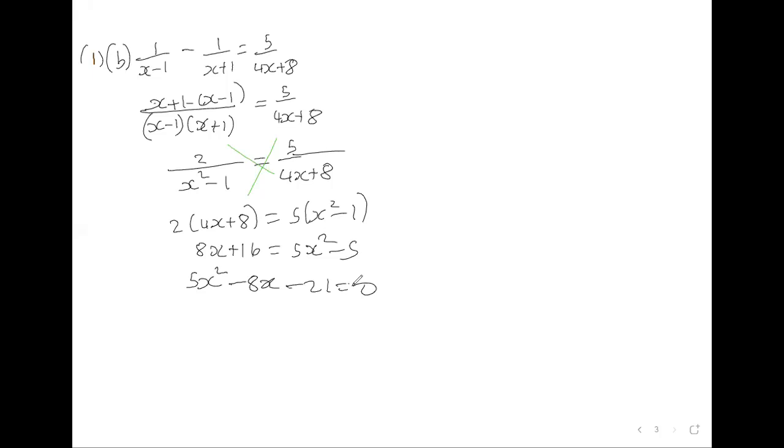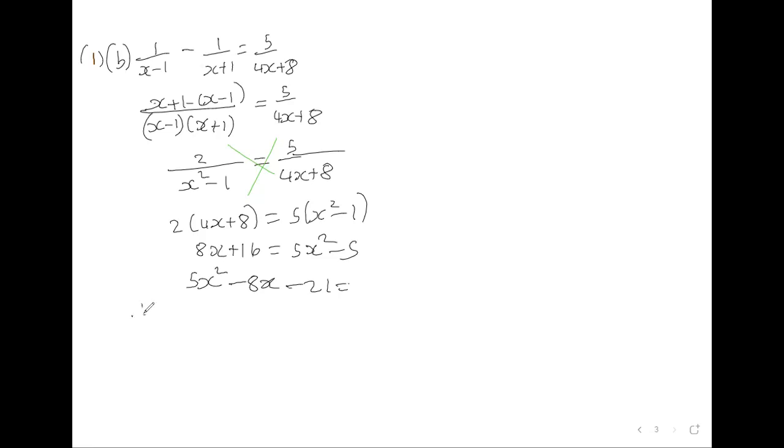Solving this, we can use the completing the square method, and we understand quite well that for us to complete the square, the coefficient of x squared has to be 1. So in this case, it is not 1. So make it 1. We divide throughout by this coefficient.